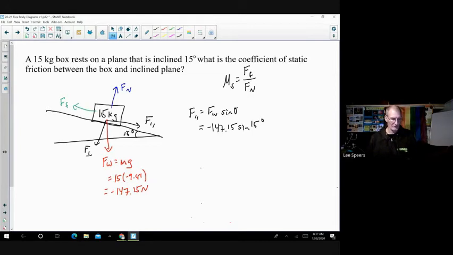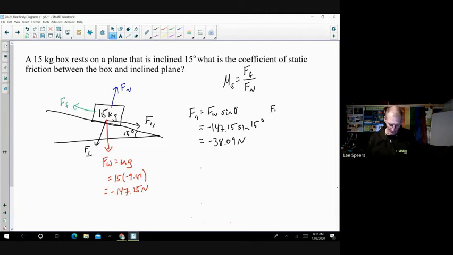There we go. 38.09. And that is negative because it is going down the plane, right? It's trying to make the object move down the plane, so that is a negative number.